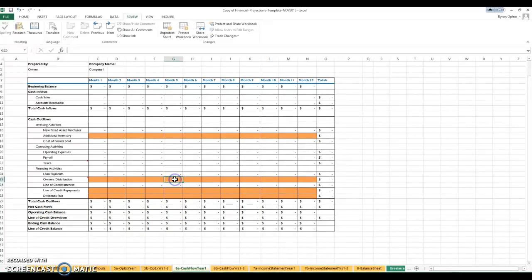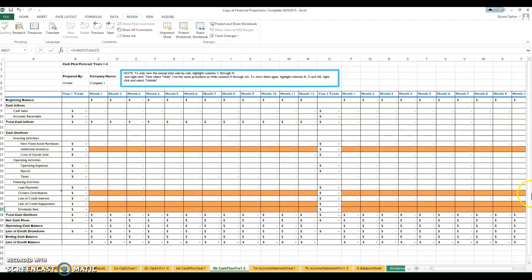I can pay myself $500. That, of course, will reduce my cash balance. Maybe I go along and I can pay $500 a month until here, and then maybe I can bump it up to $1,000 based on what that cash balance is. So you can kind of pay attention to that, and then at some point maybe it'll even out where you could pay yourself $1,500 a month every month, when you get to, again, years 2 and 3 on the owner's distribution there.